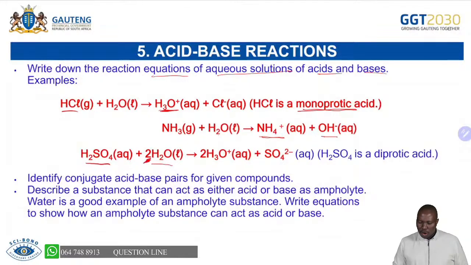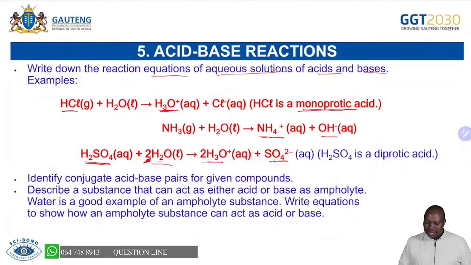Hence, you'll have sulfuric acid plus 2 moles of water, giving you 2 hydronium ions and the SO4 2 minus. Remember, these are 2 steps. In the first step, H2SO4 reacts with water to form H3O plus and HSO4 minus. From there, we go to the second step, where HSO4 minus reacts with water to form another H3O plus and SO4 2 minus. That's what we have at the end of the day.